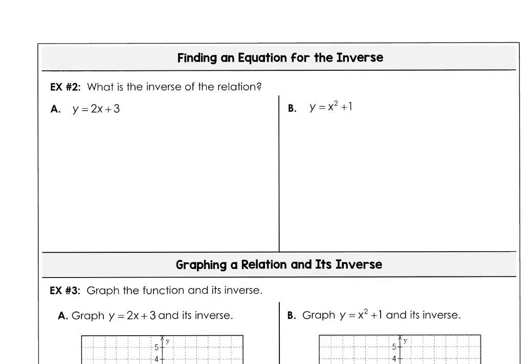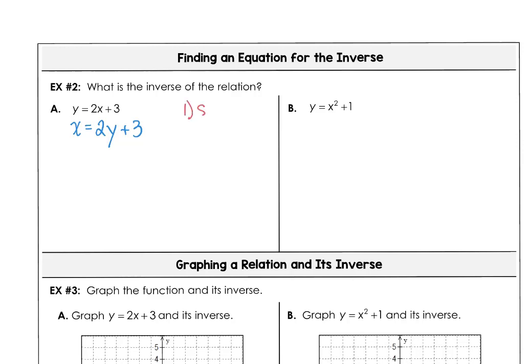In example 2, we want to find an equation for the inverse. And by that, we mean we want to switch, since the ordered pairs (x, y) are in a function, then the ordered pair (y, x) is in the inverse. In other words, we are switching the x and the y.